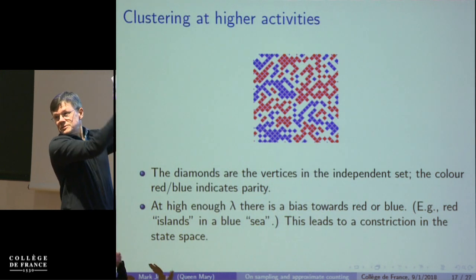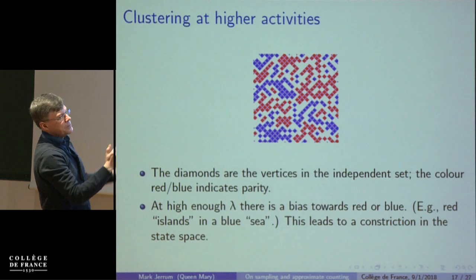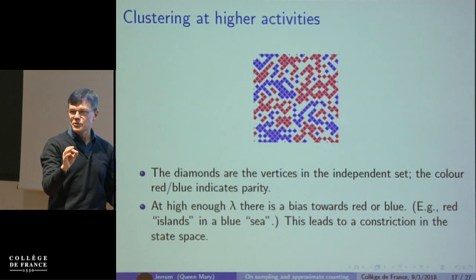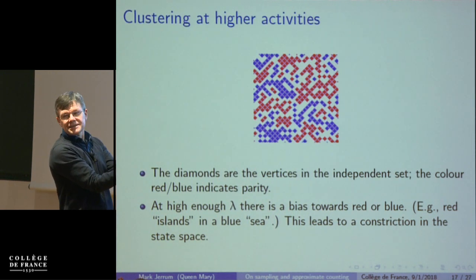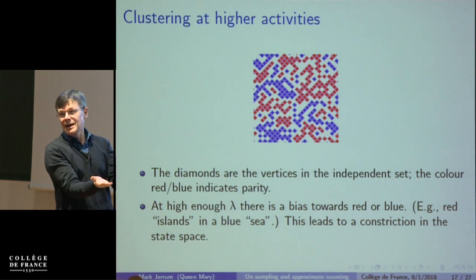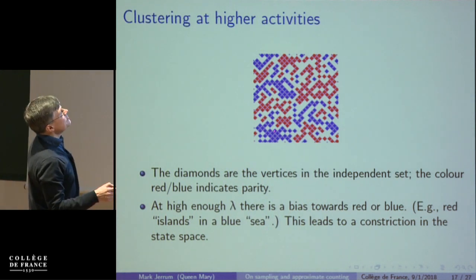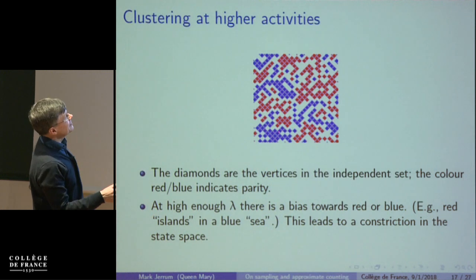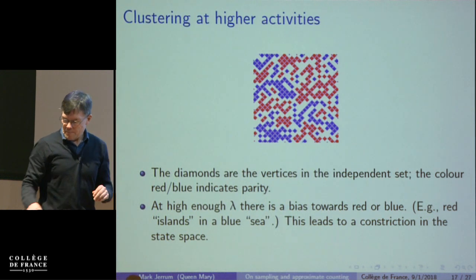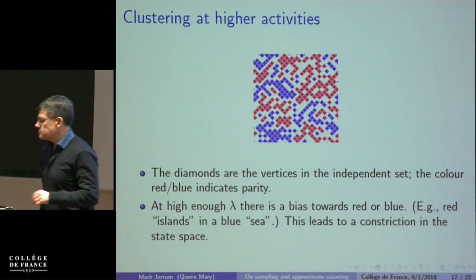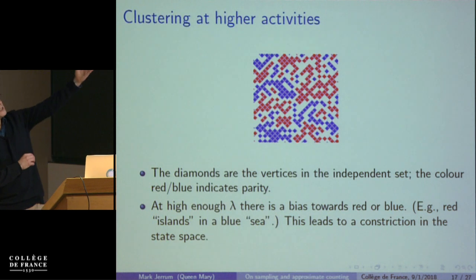It looks as though I've tipped the grid by 45 degrees. But in fact, you have to think of the grid being as it should be, orthogonal, parallel to the axes, so it's still sitting in the same alignment as before. What he's done is colour the vertices in with these little diamonds. This may not be apparent at the back, I realise. The reason is to bring out a certain fact at a certain critical value of lambda.